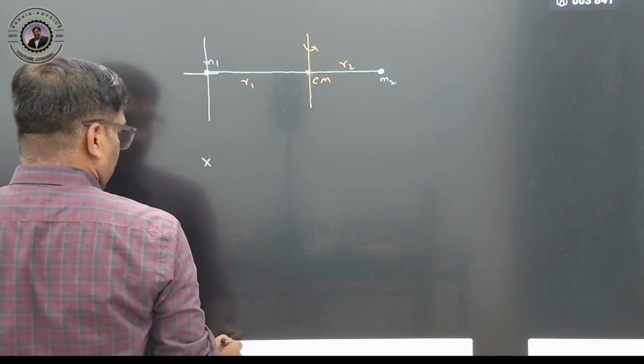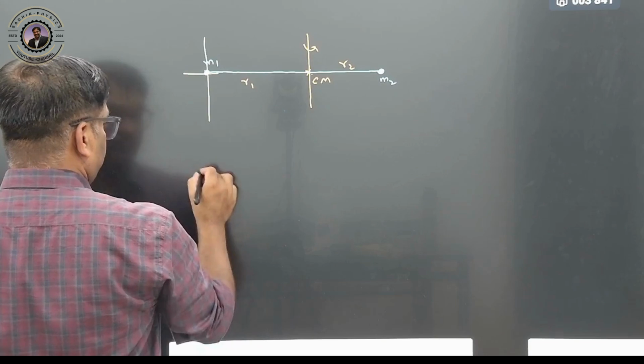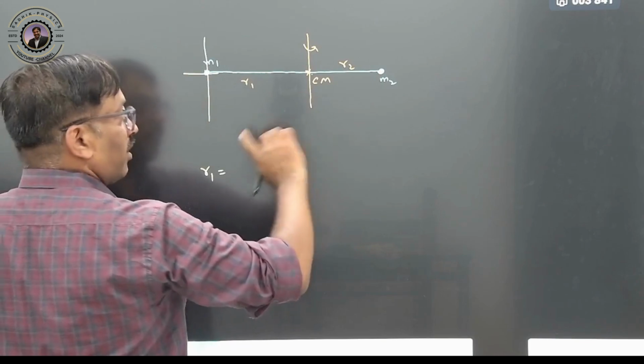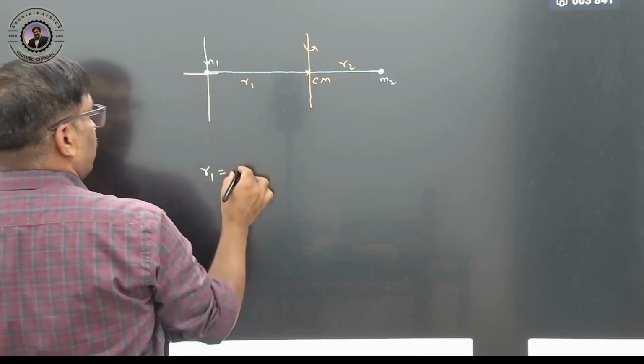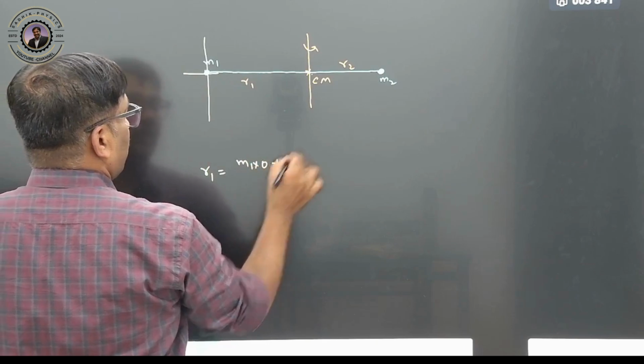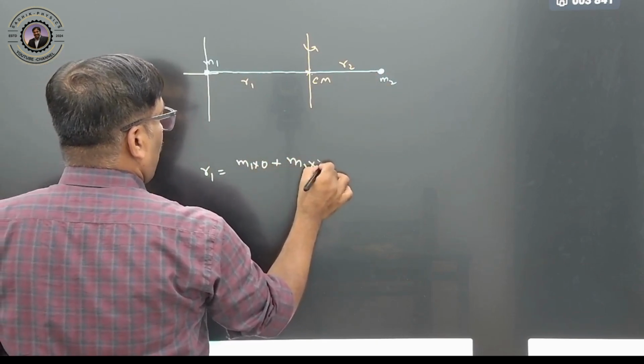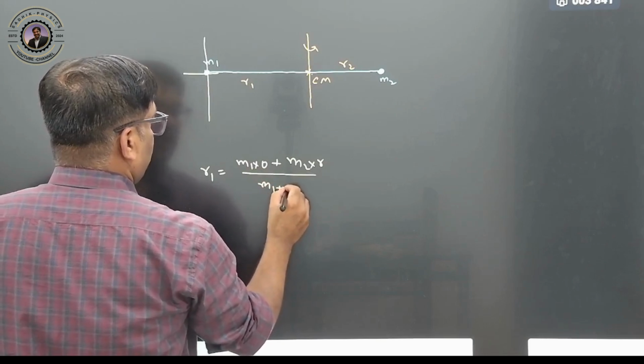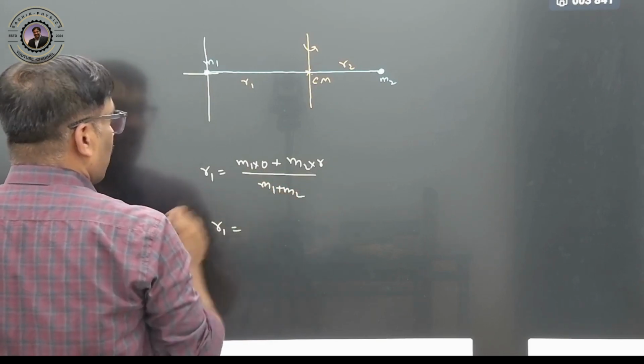So r1 is nothing but (m1 into r1 plus m2 into r2) by (m1 plus m2). This is at the origin, so m1 into 0 plus m2 into r, the distance is totally r, divided by m1 plus m2. So what is the r1 distance now?